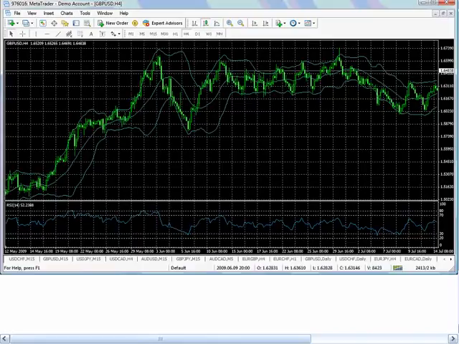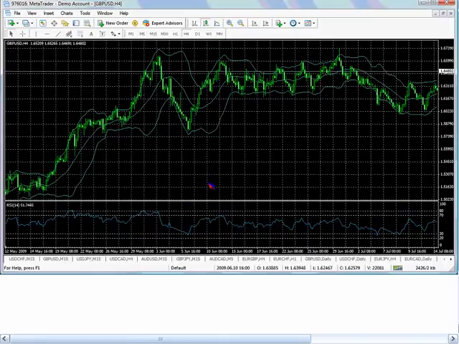The indicators we use when we combine this kind of system for trading should not be directly related to one another, okay? We shouldn't use two momentum indicators, but maybe one momentum indicator like the relative strength index and one volatility indicator like Bollinger Bands should do the job, okay?